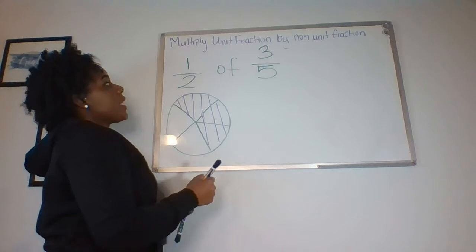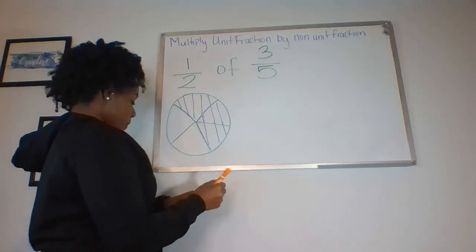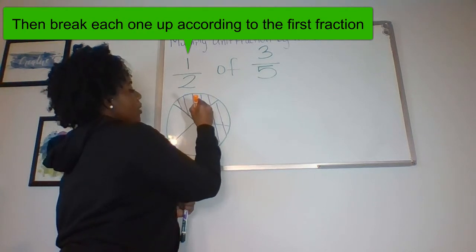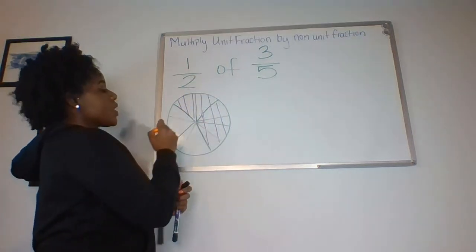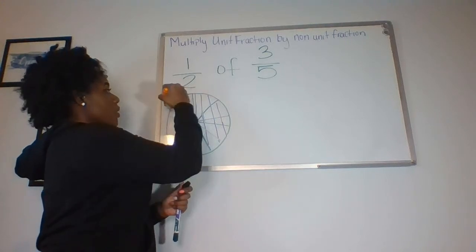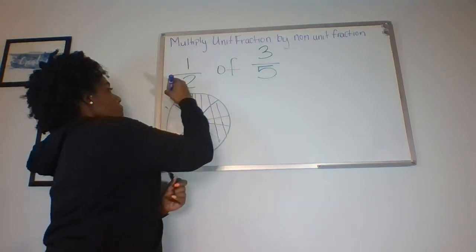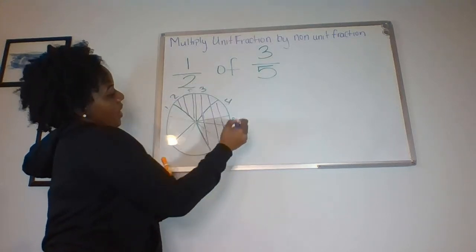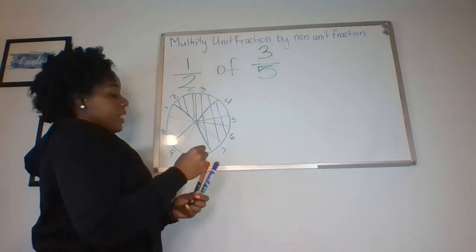Okay? So then we say that each one of these has to be broken up into half. I'm going to divide that with the black. So now you'll notice we have 1, 2, 3, 1, 2, these are different colors so we can see it, 1, 2, 3. That's 10 pieces, okay?